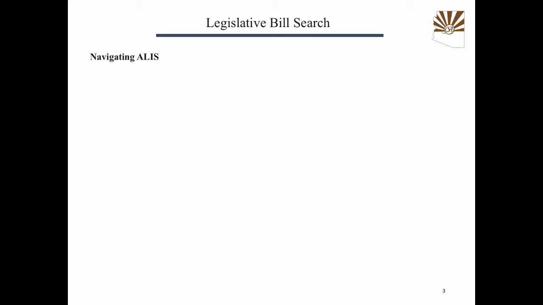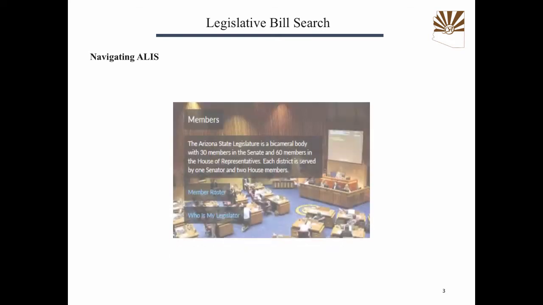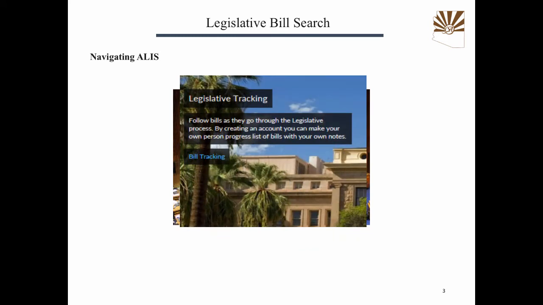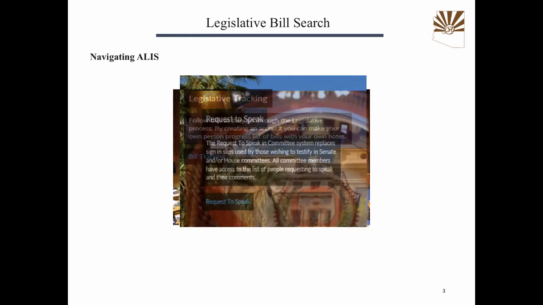So once you're on the ALIS screen, if you hover over members, you'll see these two blue fields. These are both hyperlinks, and if you click on member roster, it'll take you to the roster for the House and the Senate, or you can search by legislative district. Under legislative tracking, you get a link to the bill status inquiry page, which we'll be talking about in more detail in a moment.